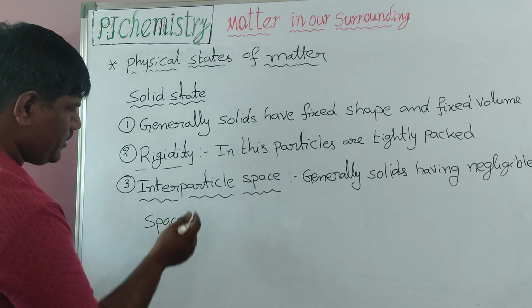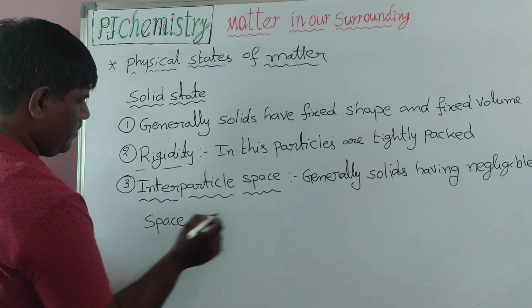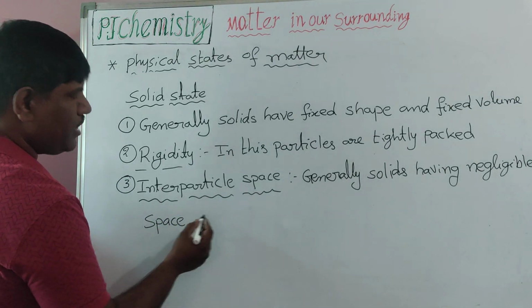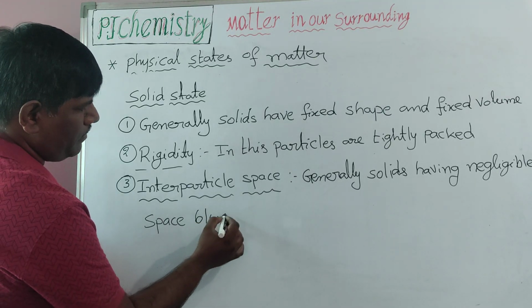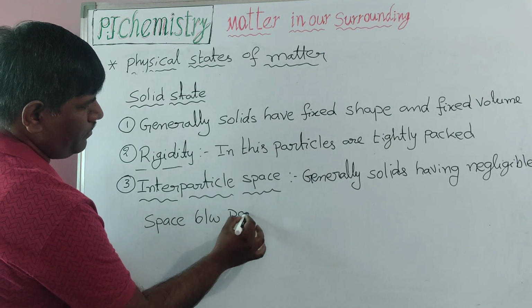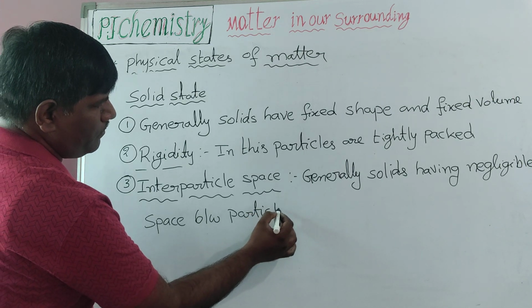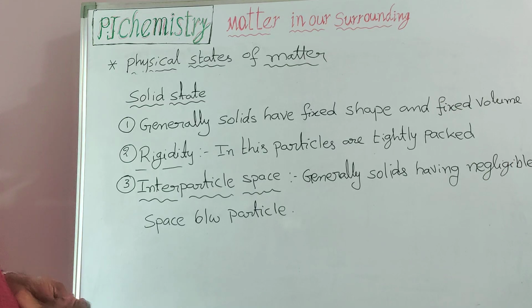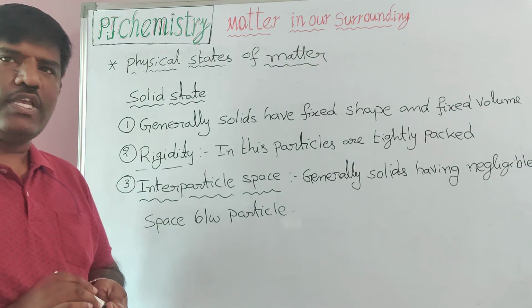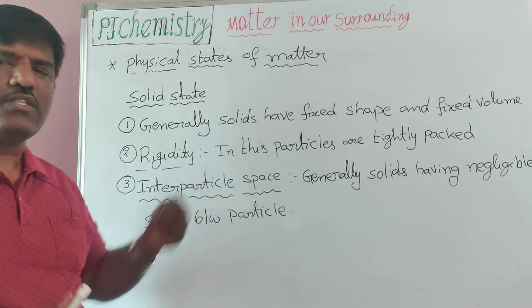There are some exceptions that we will also discuss, but this is the general property. Based on rigidity and interparticle space, we can say why solids have fixed shape and fixed volume.